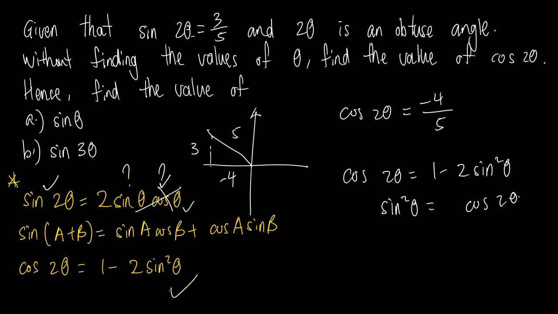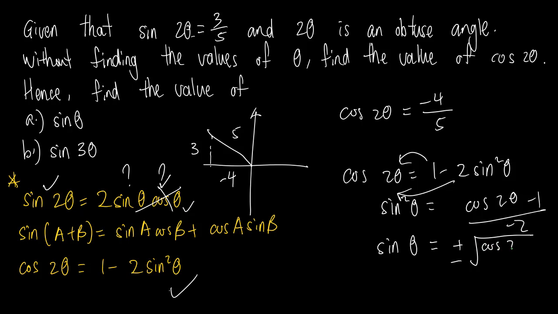So in this case, we will have cosine 2 theta minus 1 over -2. I shift the 1 and I shift the -2. Next, to find sine theta, we just need to add a square root. So when we add a square root, we add plus and minus: square root of cosine 2 theta minus 1 over -2.